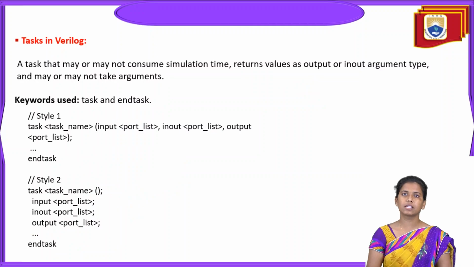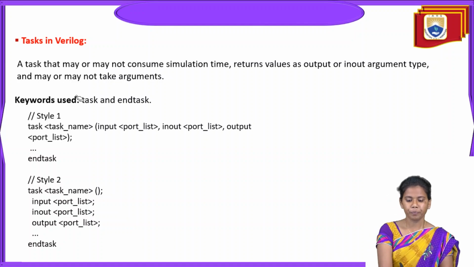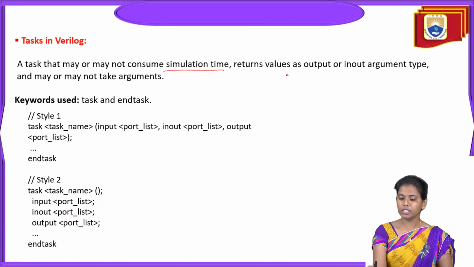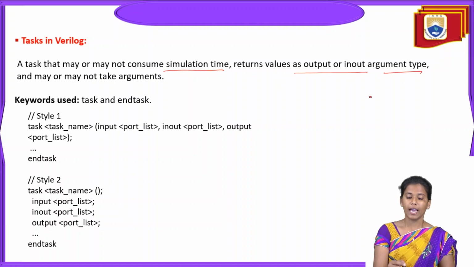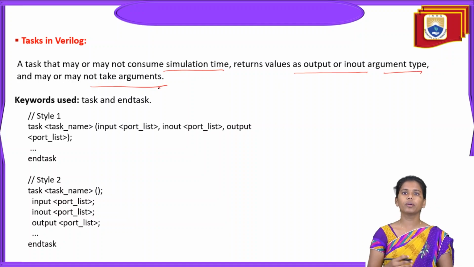Now coming to the task in Verilog. We already discussed the task, right? So using task, how can we write the code? This is what we see now. A task may or may not consume simulation time, returns values as output or in-out argument type, and may or may not take arguments.